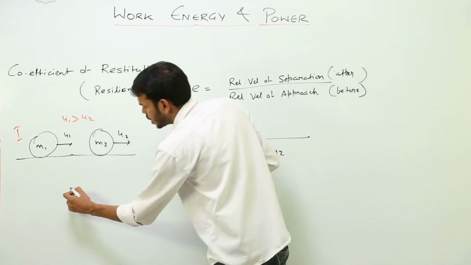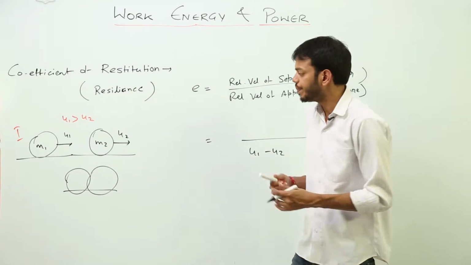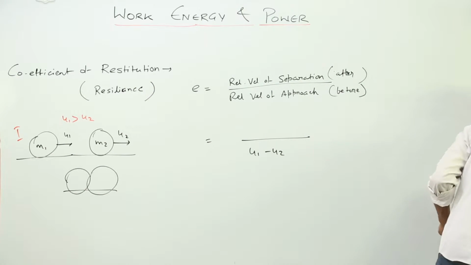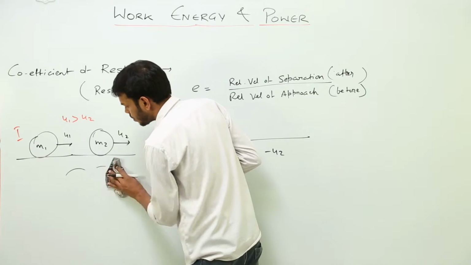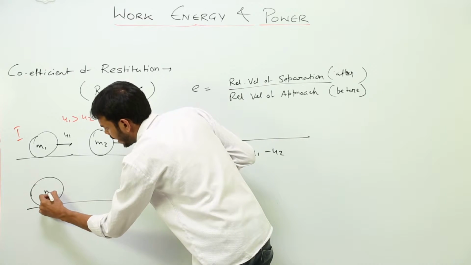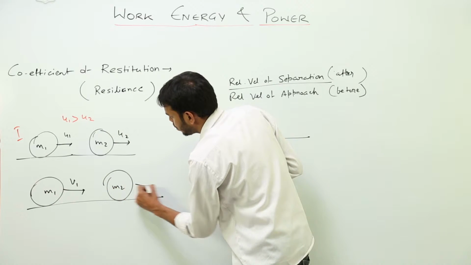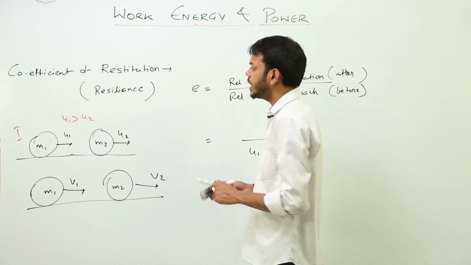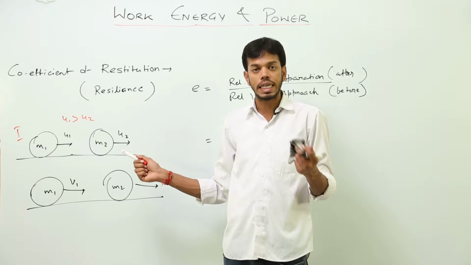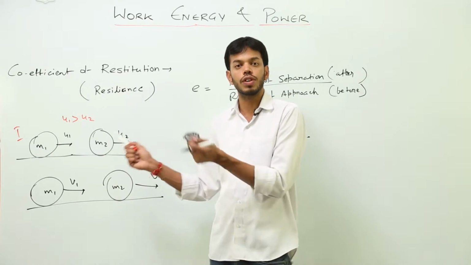At the time of collision, they are like this, imparting their energy and momentum into each other. And after the collision, the third case, they are moving like this. Body m1 is moving with velocity v1 and body m2 is moving with velocity v2. If we suppose that this collision is perfectly elastic, the whole energy and momentum of body 1 is going to get transferred into body 2.